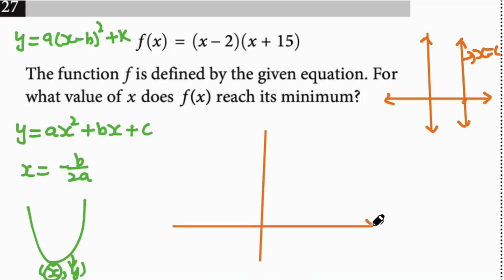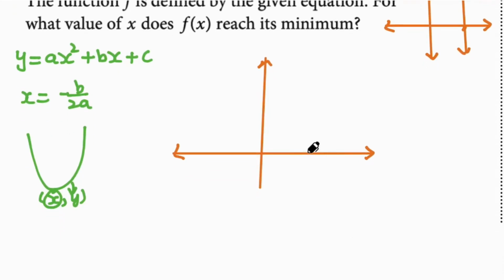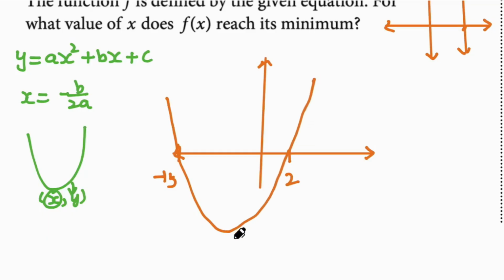This is our Cartesian plane. And if we find the two x-intercepts, it's 2 and let's say negative 15. So it is somewhat like this and we have to find this value. That means this line is passing through the vertex. So I'm using this concept.